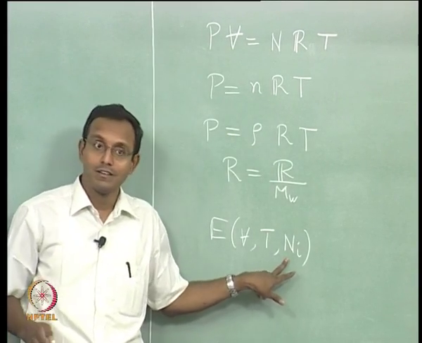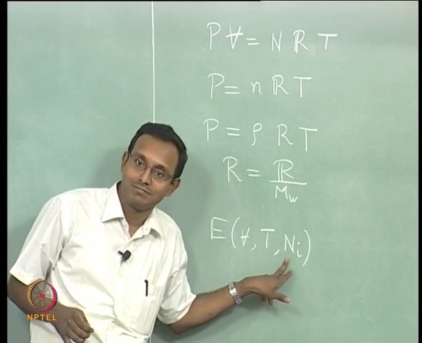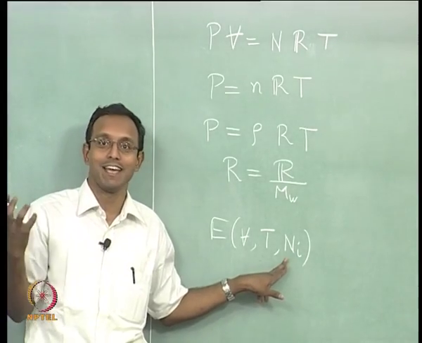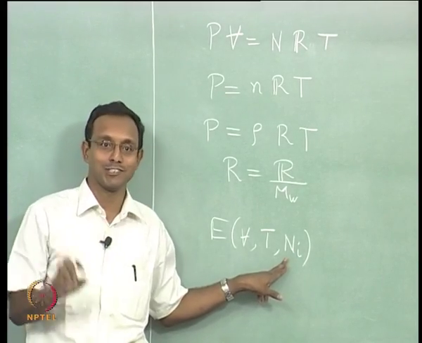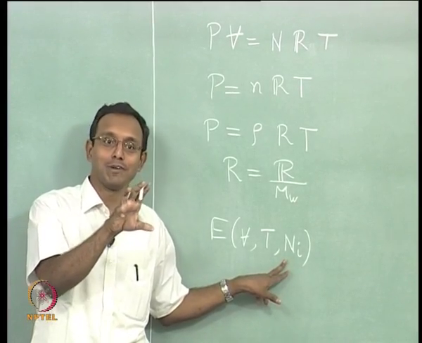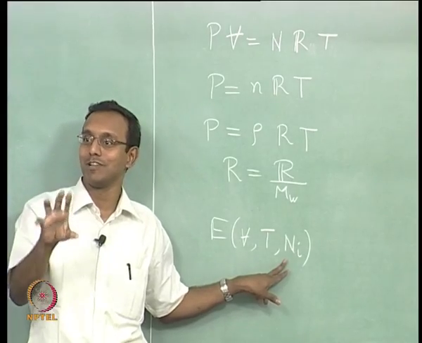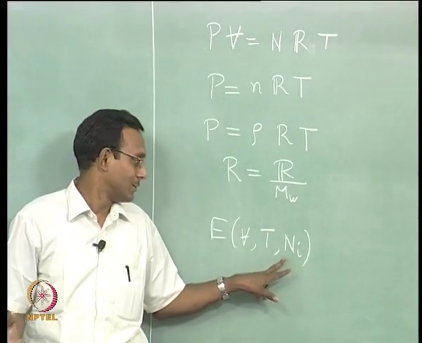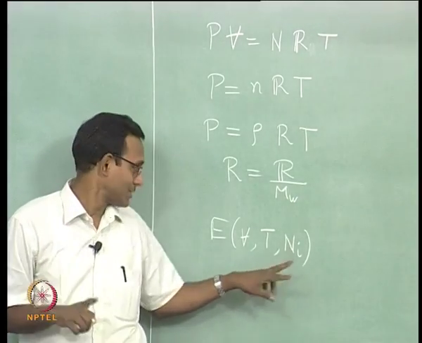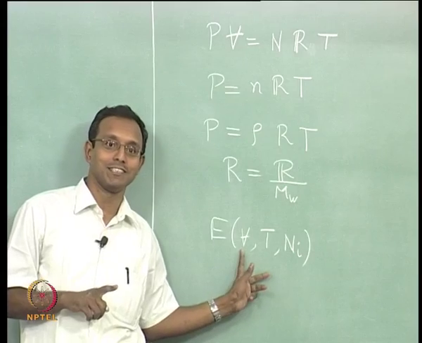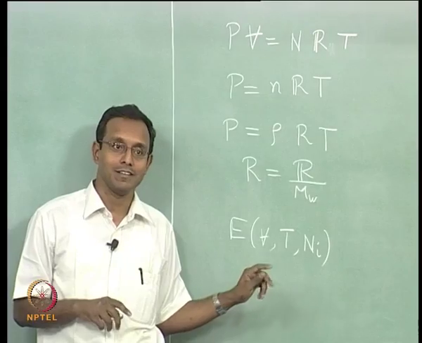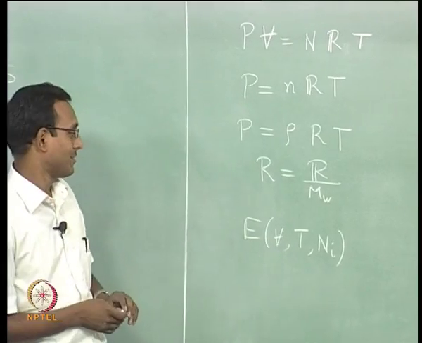It could be intensive or extensive. I could give you the number of moles of each gas in my air, say so many moles of oxygen and so many moles of nitrogen, or I can just tell you 21% of molecules are oxygen and 79% are nitrogen. I can give mole fraction or number of moles, as long as I have another extensive quantity sitting here. This is another way of looking at it.